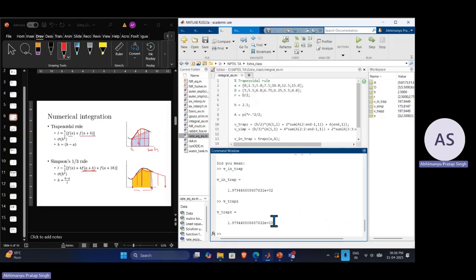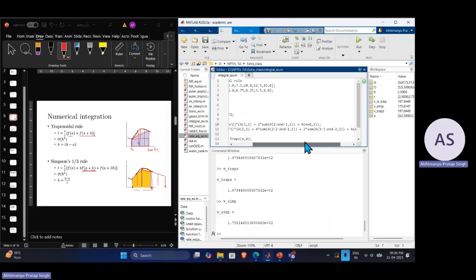So we are getting the same solution using both. Why is the Simpson solution so off? I think we are making some error over here. It should not be off by this large a value. What is the error that is there?